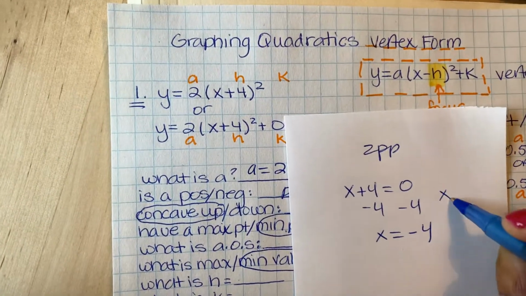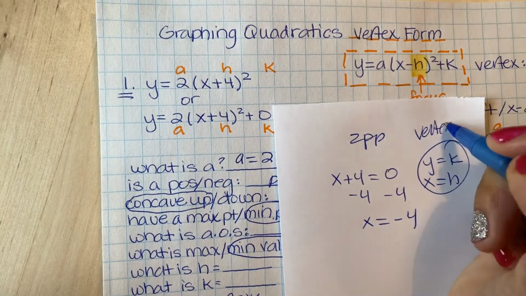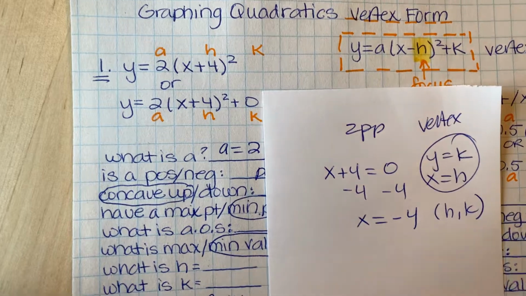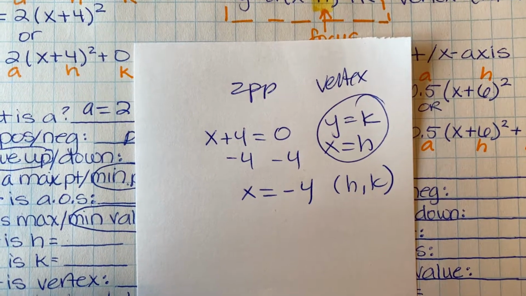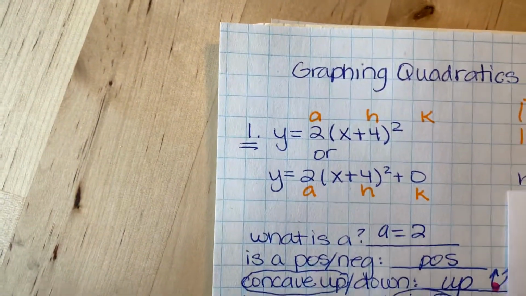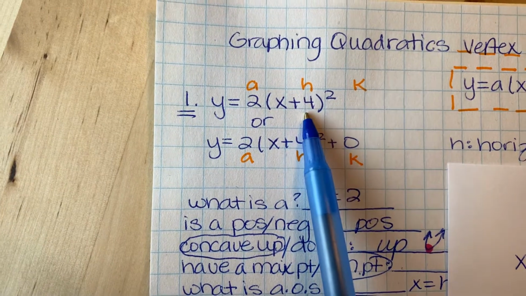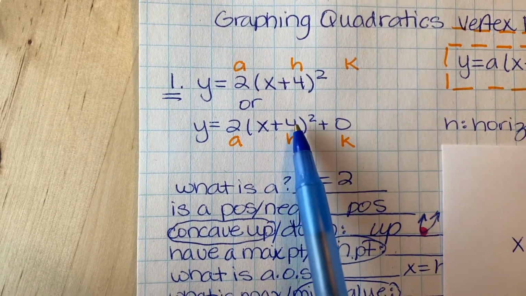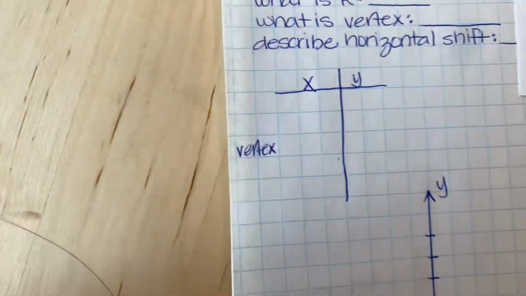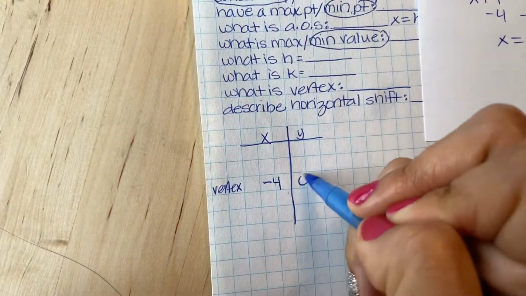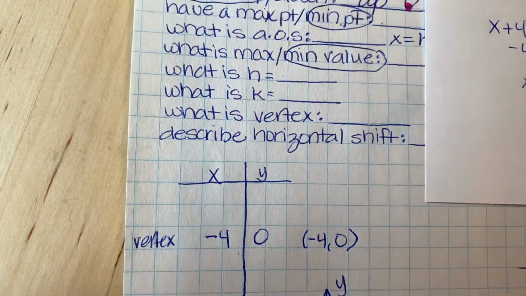But remember, x is equal to h and y is equal to k. That's how we take our vertex. It's our point h, k. Okay, so here, even though I see x plus 4, that's why I tell you go opposite h, follow k. Opposite h would be negative 4, follow k is 0. So my vertex here is negative 4, 0. That is my first point. That is my vertex.